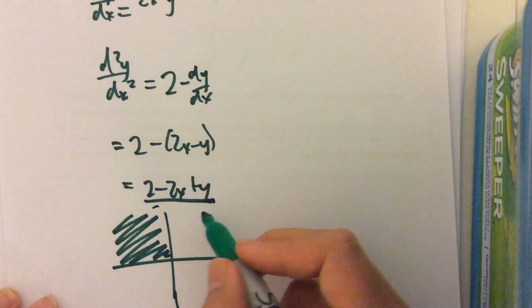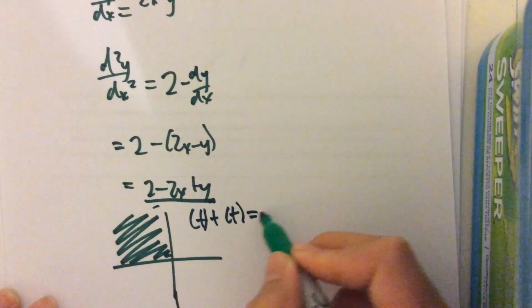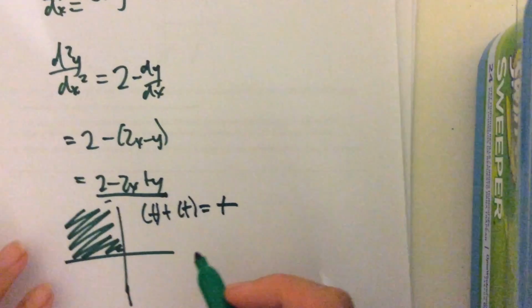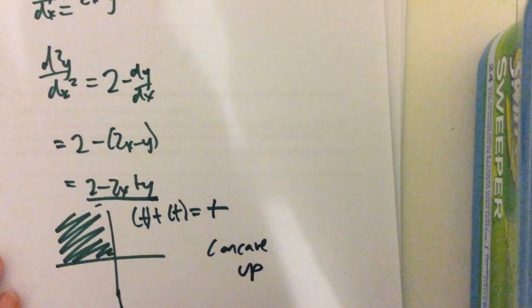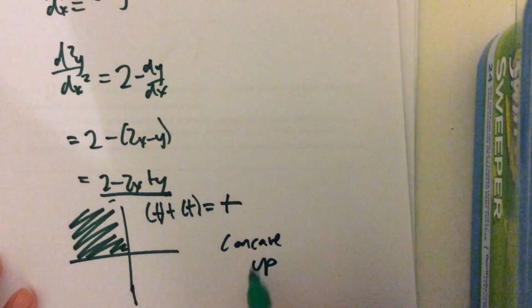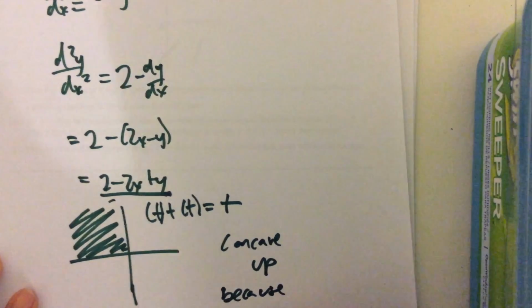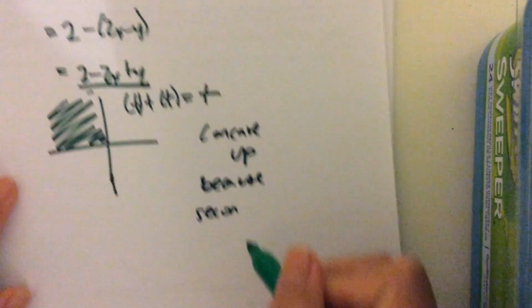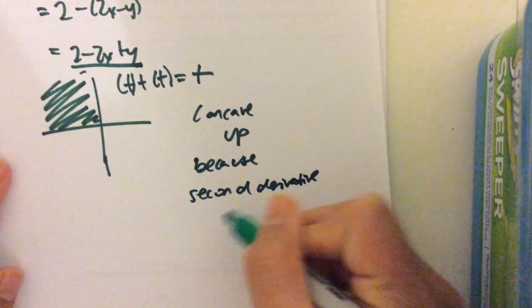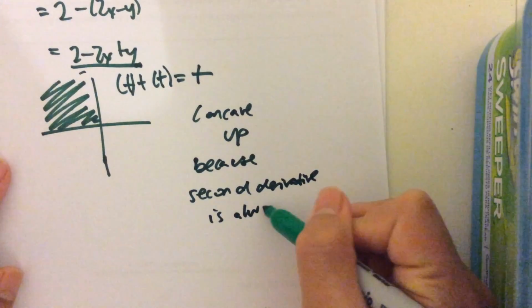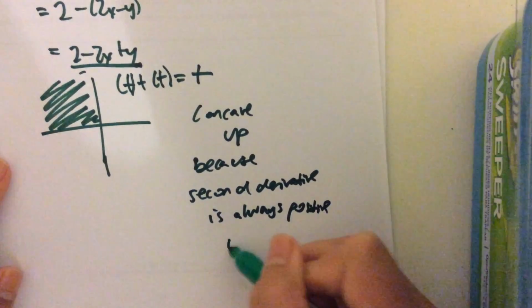So positive plus a positive is always positive. That means this is concave up because the second derivative is positive in the second quadrant.